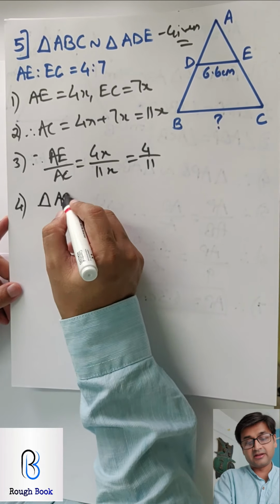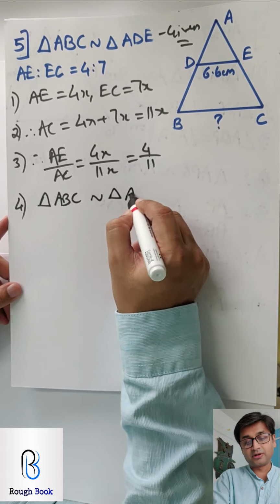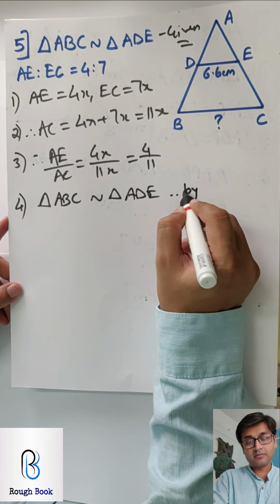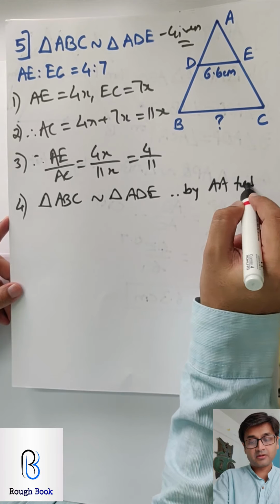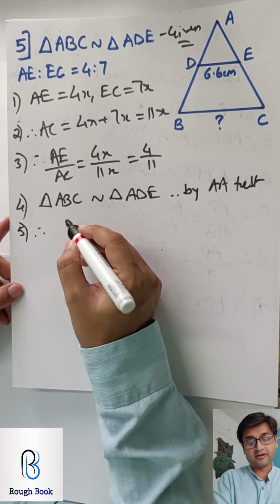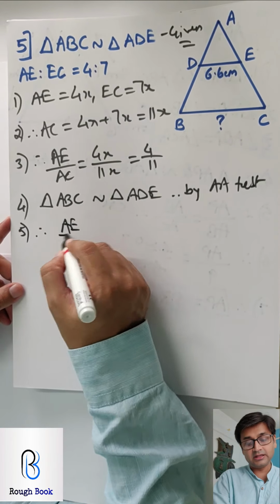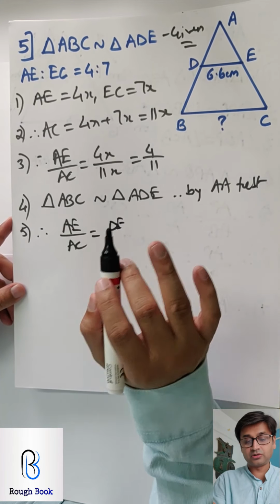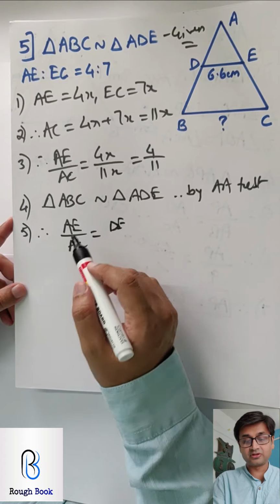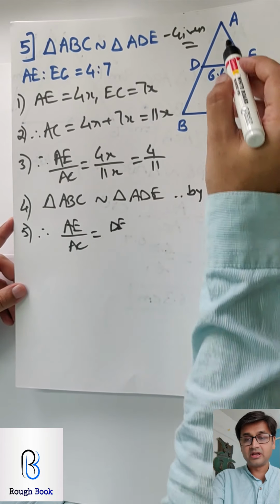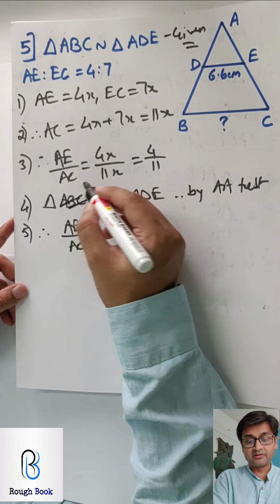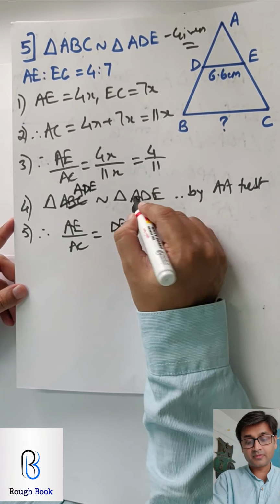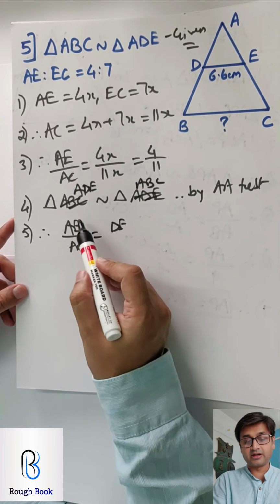Now say triangle ABC is similar to triangle ADE by AA test. Once your triangles are similar, therefore AE upon AC equals DE. Oh, sorry, ADE first, no? So we'll have to write this one first. So let me write it the reverse way, ADE and ABC, so we don't get confused.